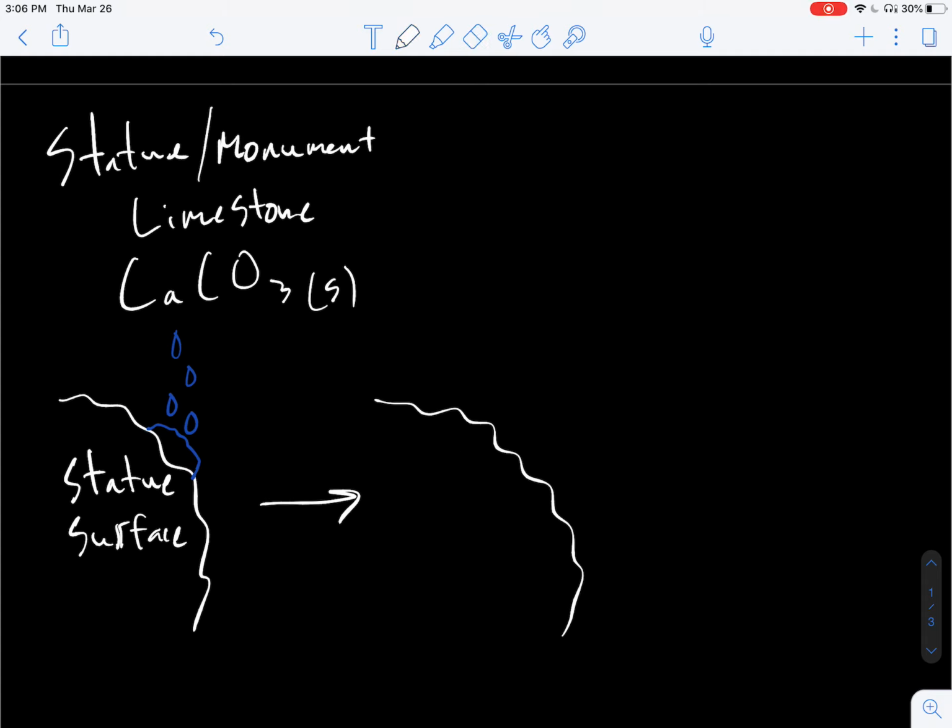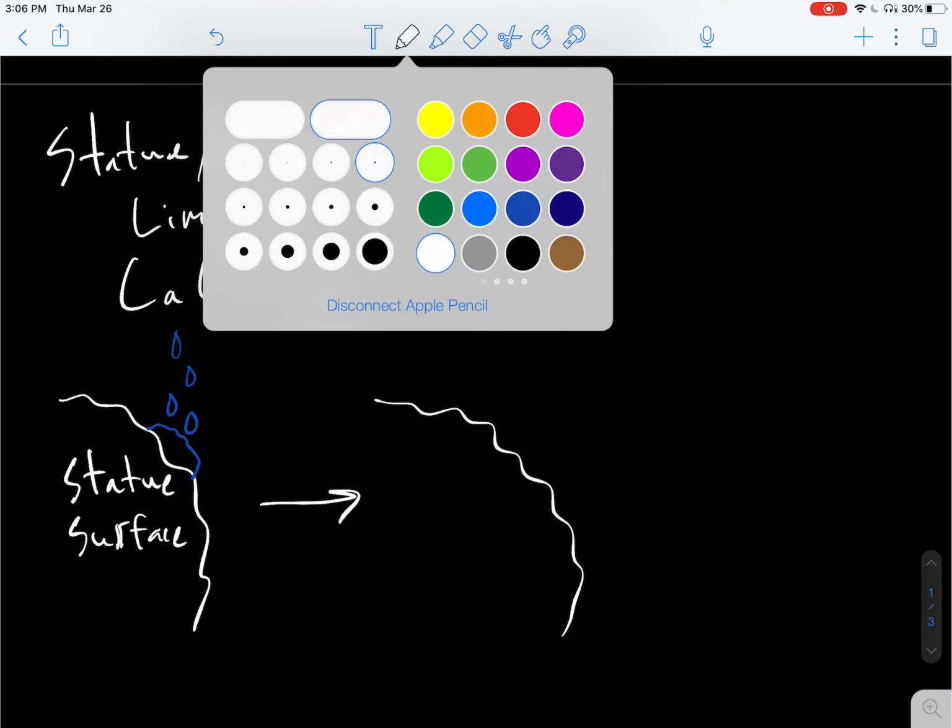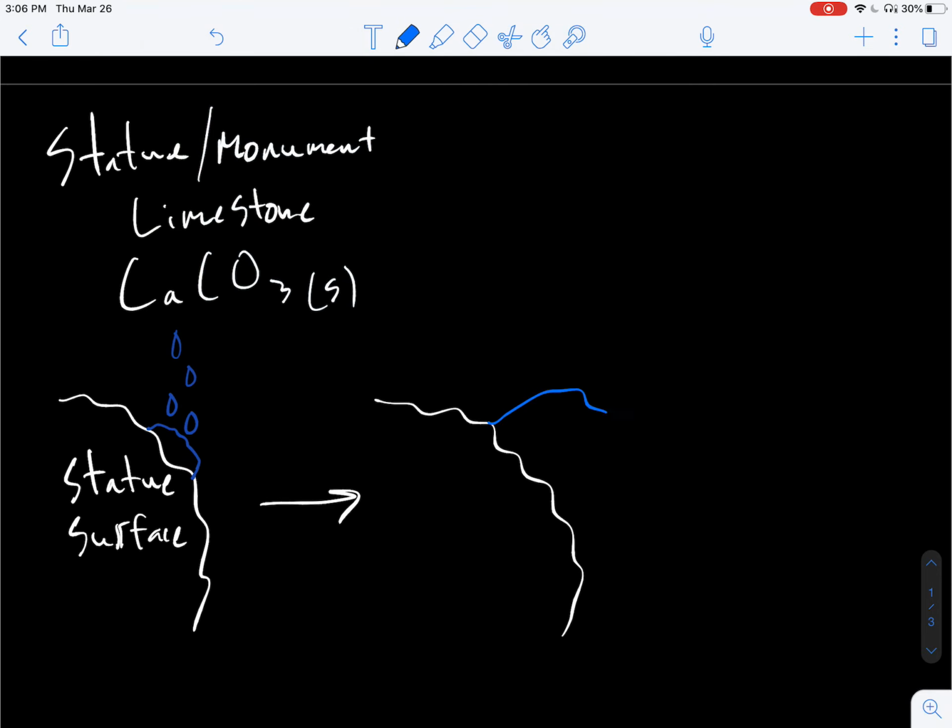Okay, let's zoom in a little bit on this water droplet now. So what's happening here? This is zoomed in. Let's pretend this is H2O. And perhaps this rain is slightly acidic. So maybe this is some water that was up in the clouds.